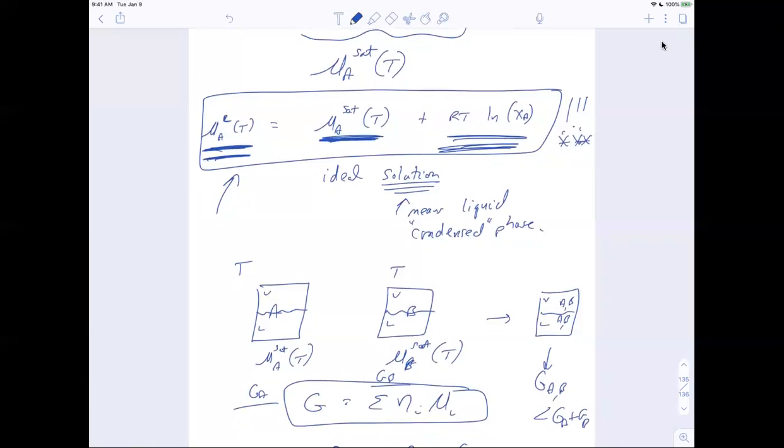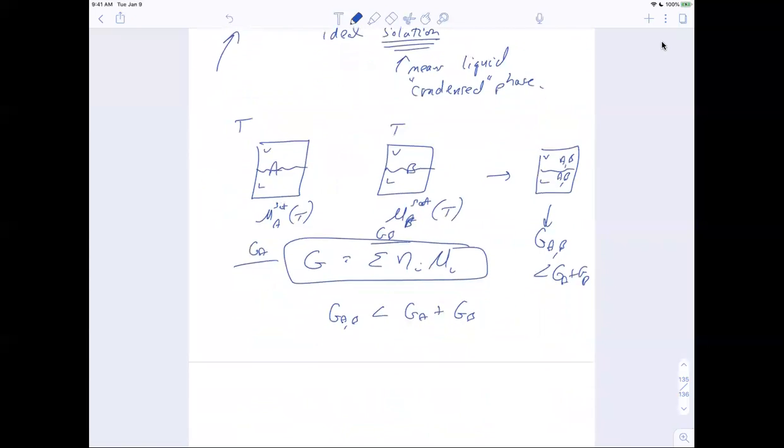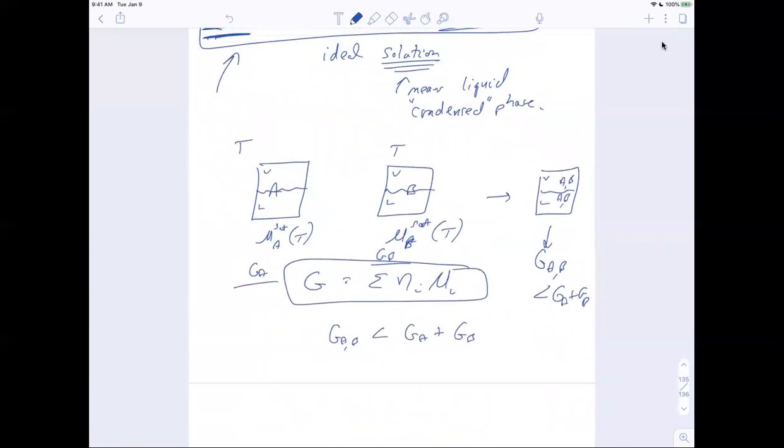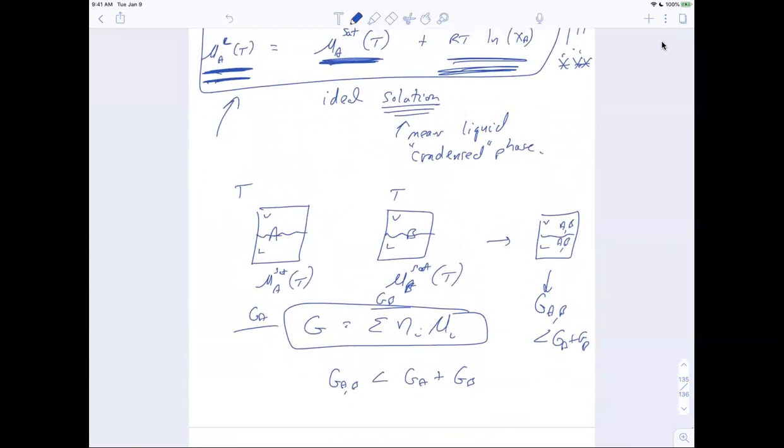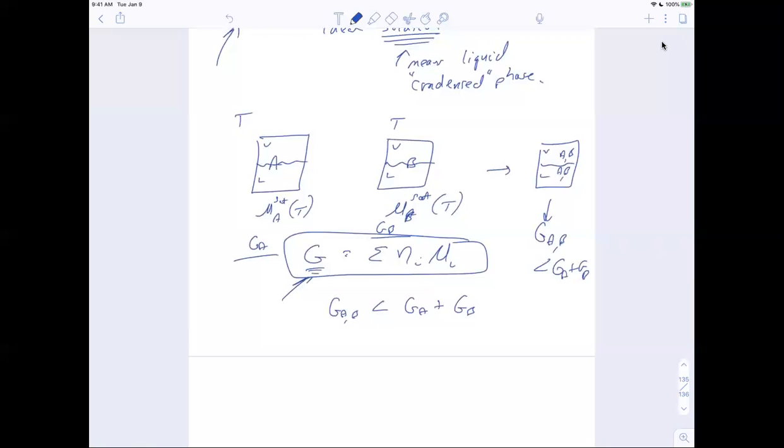There's not just one component, there's many components. And so we need to know what chemical potential of a particular species in the system is in order to potentially make models, or at least guide us in our experiments based on the fact that G is minimized at equilibrium, and we know that G is directly related to chemical potentials of species in the system.